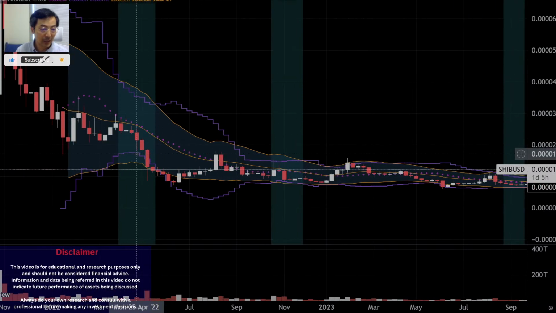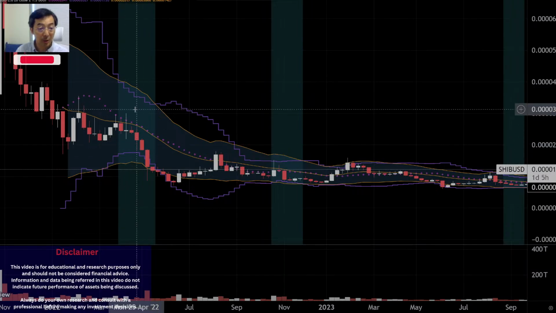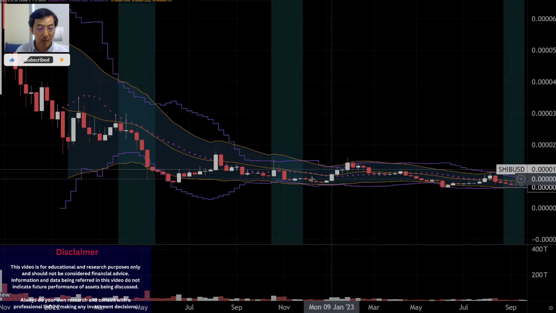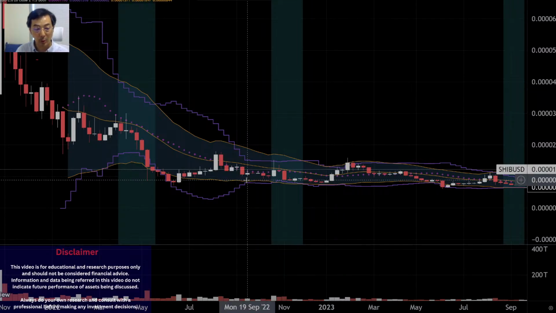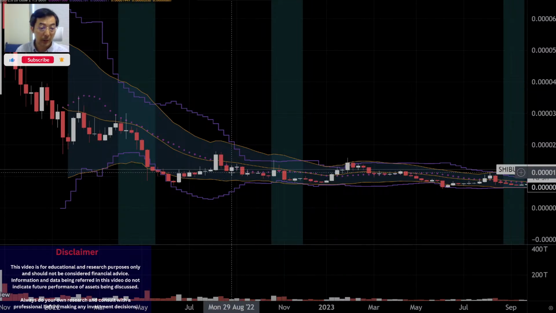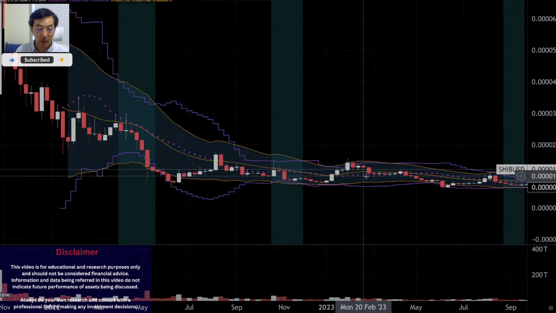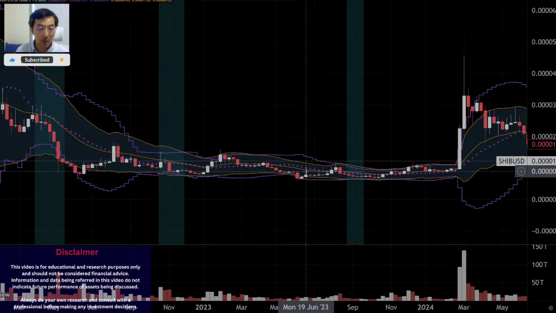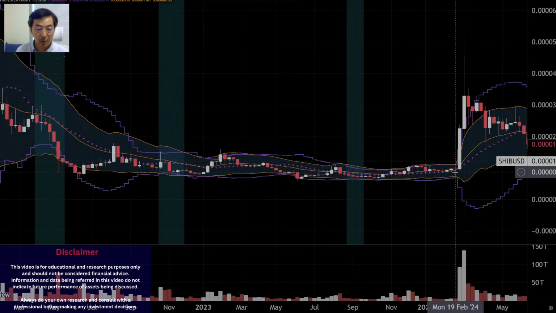Here there was a squeeze where the purple got into the orange, and the price went further down after the distribution cycle. And eventually we got into a stage between September 2022 or even earlier, August 2022. It has been accumulating all the way to February 2024.